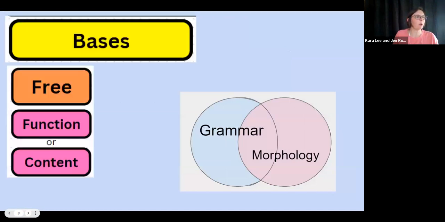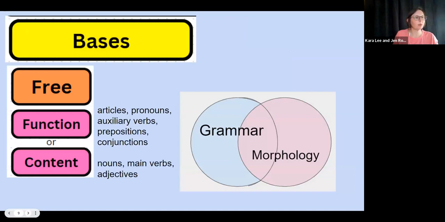Okay, now when we start talking about function or content words, we're getting more into the overlap of grammar and morphology. I'm just going to leave that right there for now. We're not going to get deeply into that at the moment, but I do want you to see there are 2 more circles. I want you to really take away this idea that we cannot be studying how the English language works by simply talking about phonology on this day, and then spelling this day, and then morphology this day.